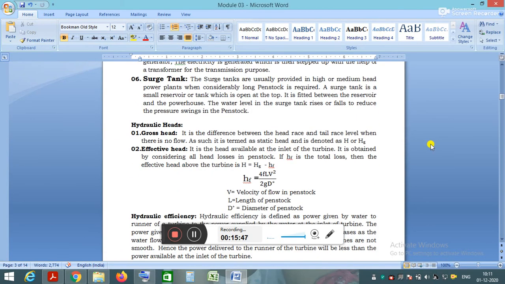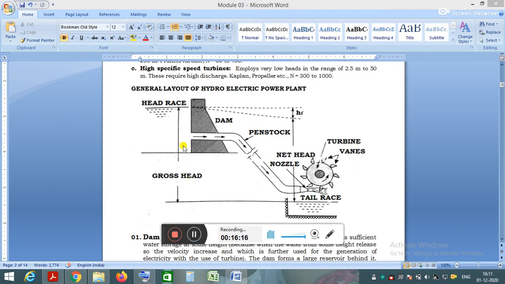The next is hydraulic heads. Gross head. It is the difference between the head race and the tail race level when there is no flow. As such, it is termed as static head and it is denoted by the letter H G. Here, gross head is nothing but the difference in the head between the head race and the tail race.